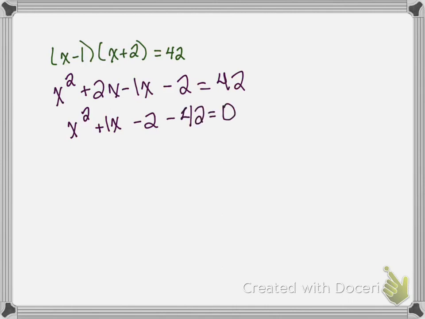Okay? So then I'm left with x squared plus 1x. I feel like I've made a mistake here. 2x minus 1x is going to be 1x. I'm good? What are my numbers? There's not supposed to be a negative 2. Negative 1 times 2 is negative 2.